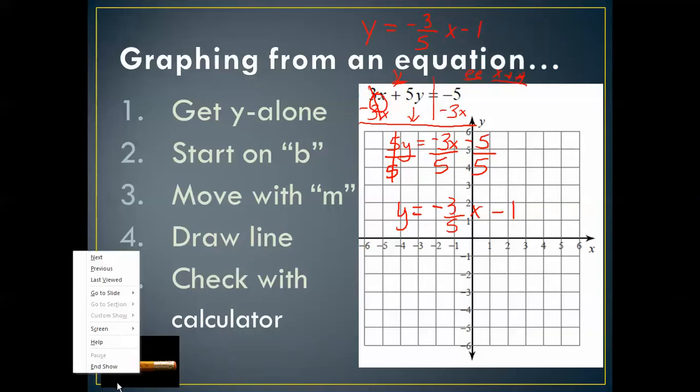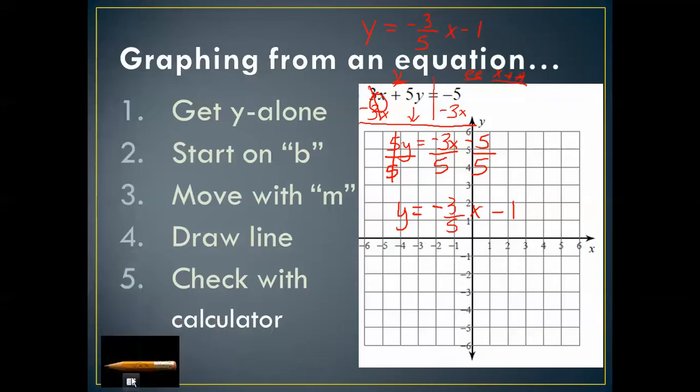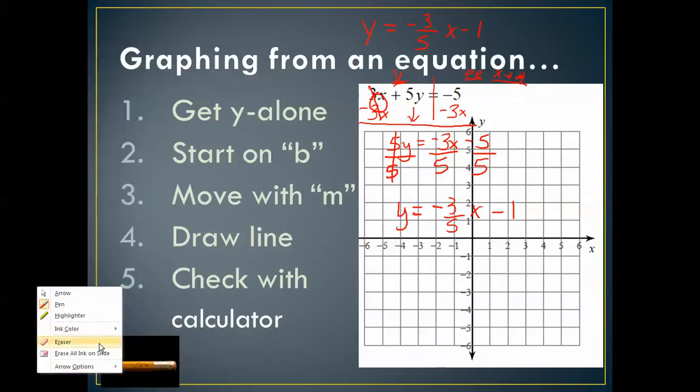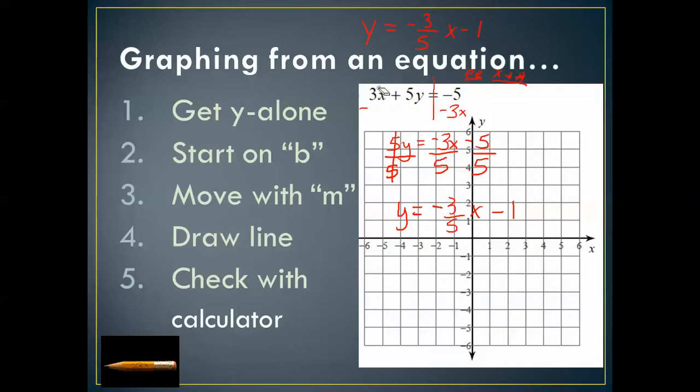And I'm going to erase the rest of this that I don't need anymore so that I can now graph the line. Okay, so we're erasing everything that we don't need, and we now have our line written so that y equals -3/5x minus 1. So now we've got y alone.